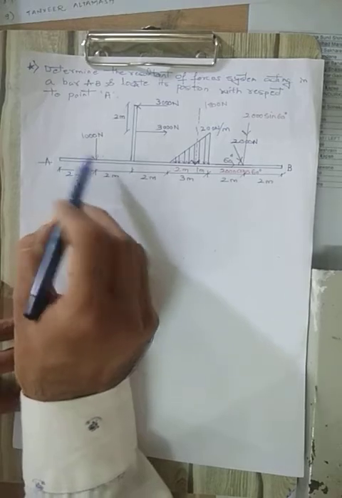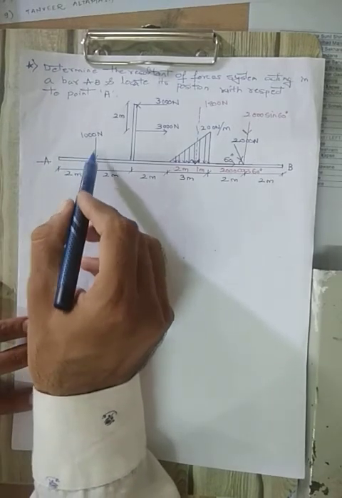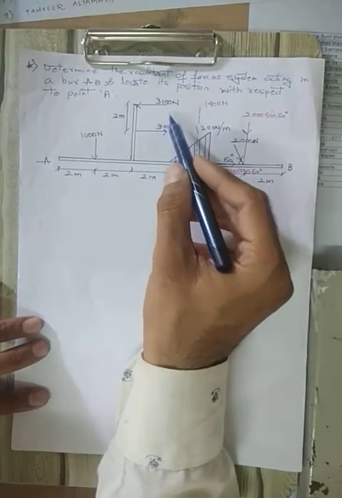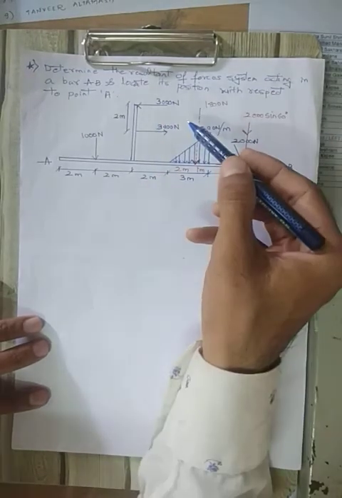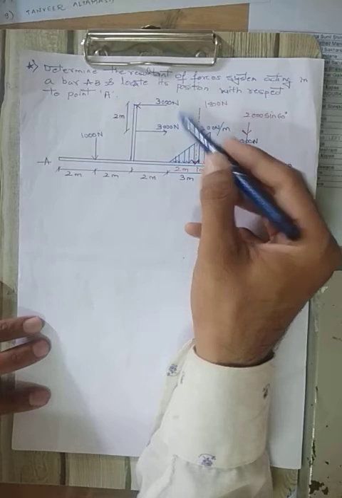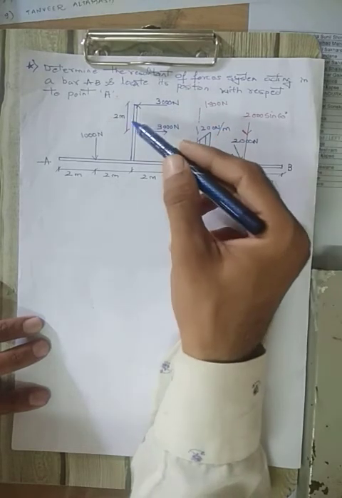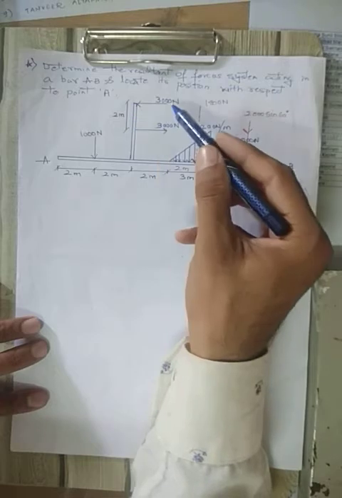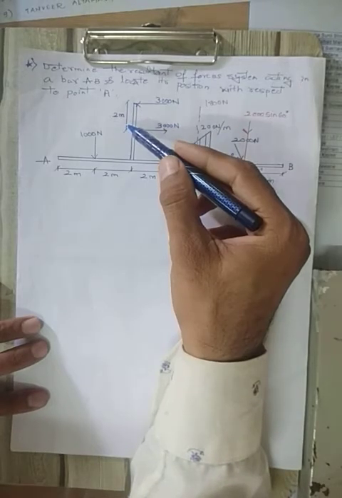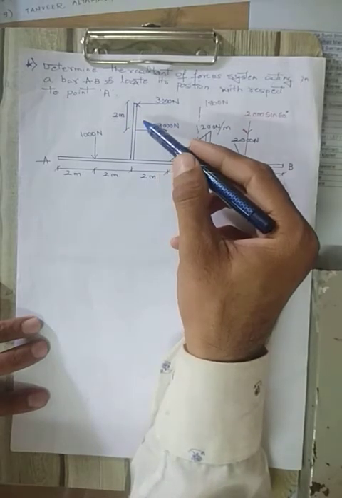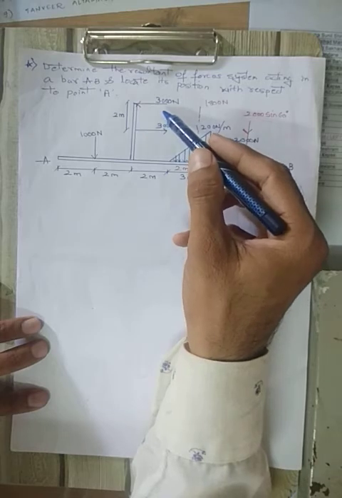Next, similar downward vertical forces are there, and these two horizontal forces will form a couple. Already I have shown you the concept of couple and how the couple intensity is calculated. So 3000, separated by a distance of 2 meters. 3000 multiplied by 2 comes to 6000, which is the intensity of the couple.